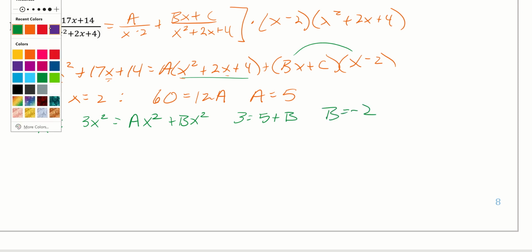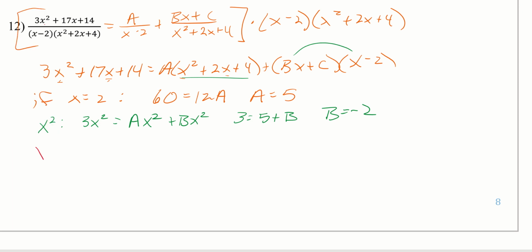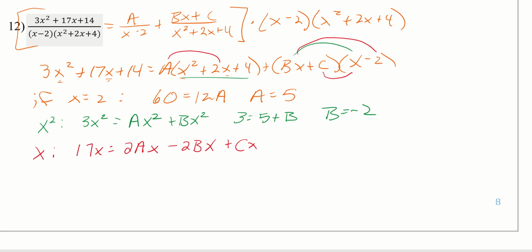Now let's check out our linear factor, so just x. So 17x is equal to, that would give me an x, so 2ax. That's it. This would give me an x, negative 2bx. And then our last one here would give me an x as well, so that would be plus cx.